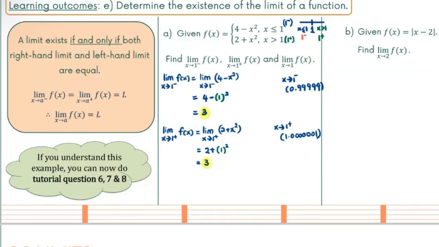So therefore, limit of x approaching 1 from the left kat sini, kejap saya tulis dahulu, sama dengan nilai limit of x approaching 1 from the right. Okay. Dan apakah value dia? Kita dapat 3. So therefore, limit of x approaching 1 of f(x), the value will be 3. So that is your final answer.